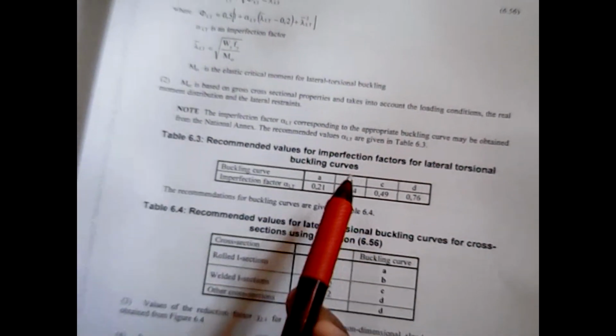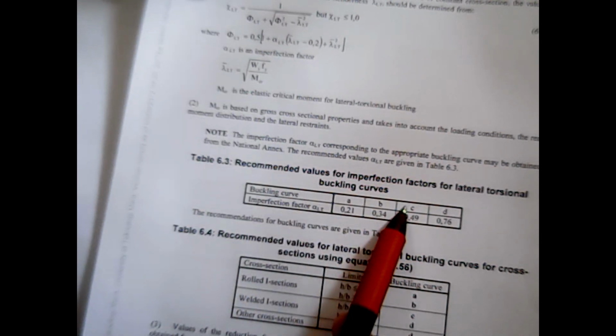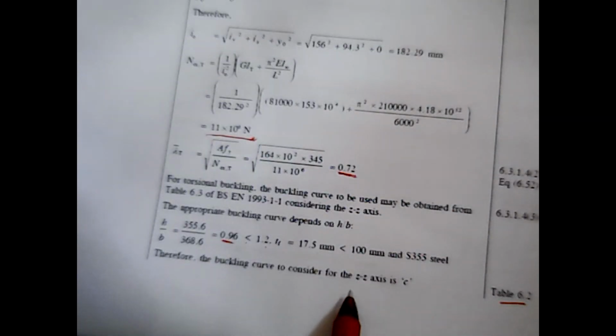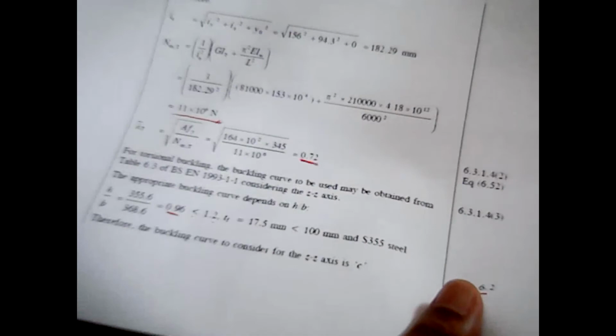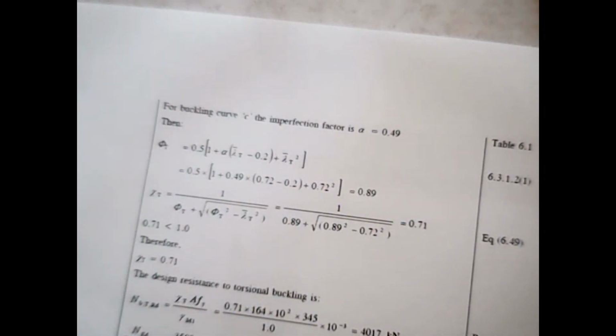Once you have referred to table 6.2, go find the imperfection factor. For buckling curve C, you get 0.49.